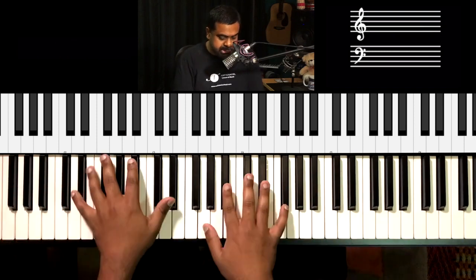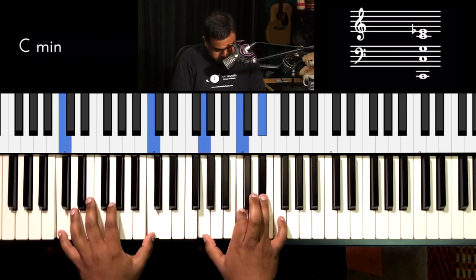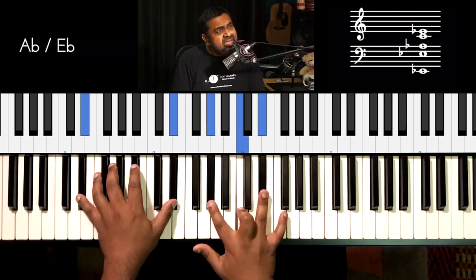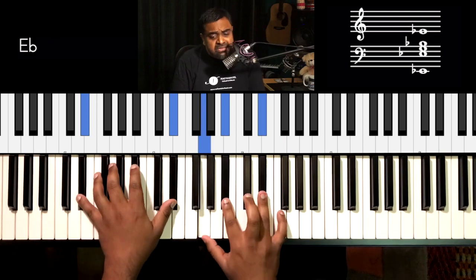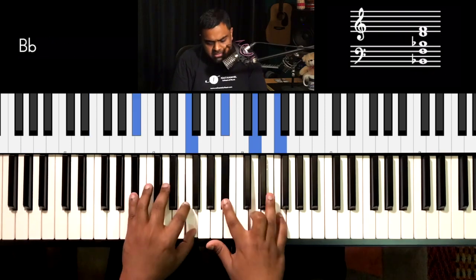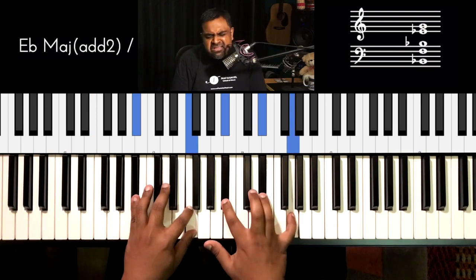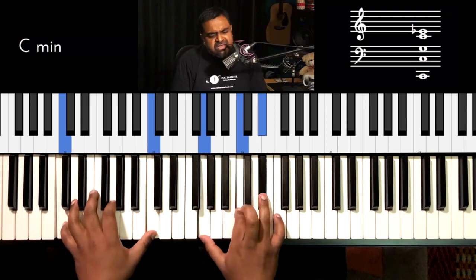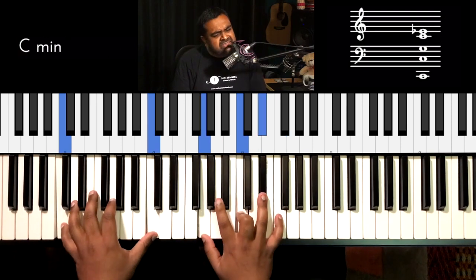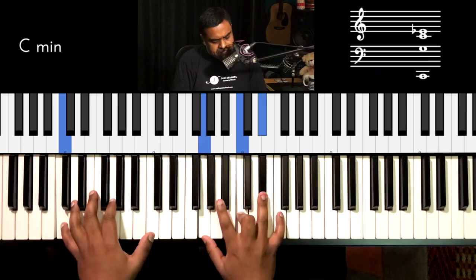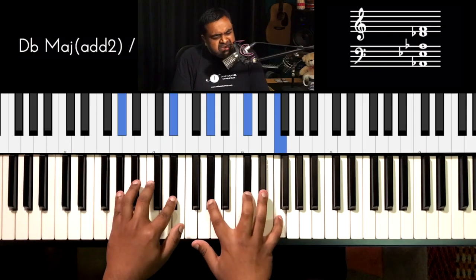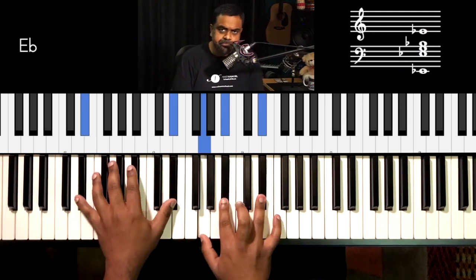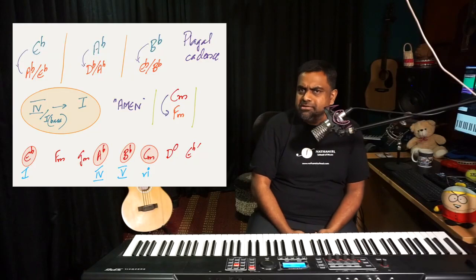So if you take the progression E flat, B flat, C minor, A flat, 1 5 6 4, B flat major, B flat with that E flat, and now C, and end on, back to. It makes the chords a lot more colorful, doesn't it?